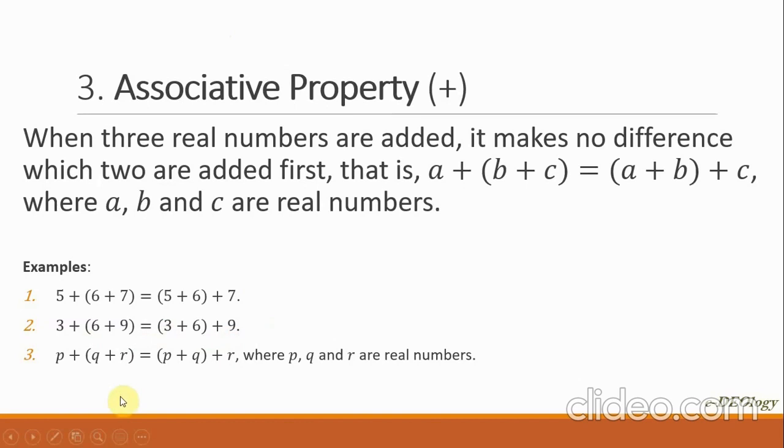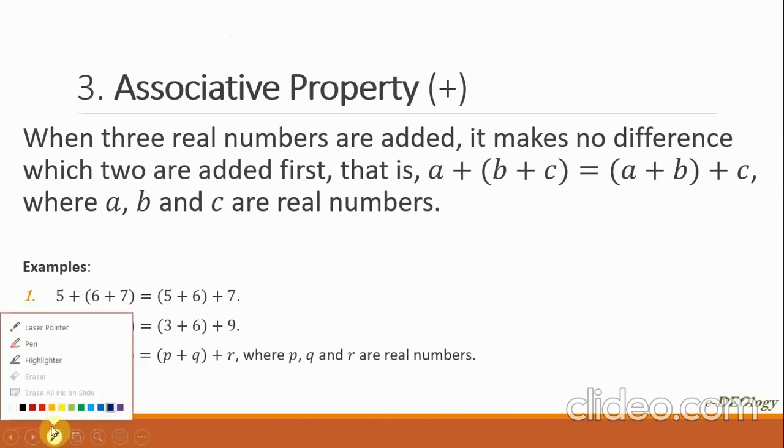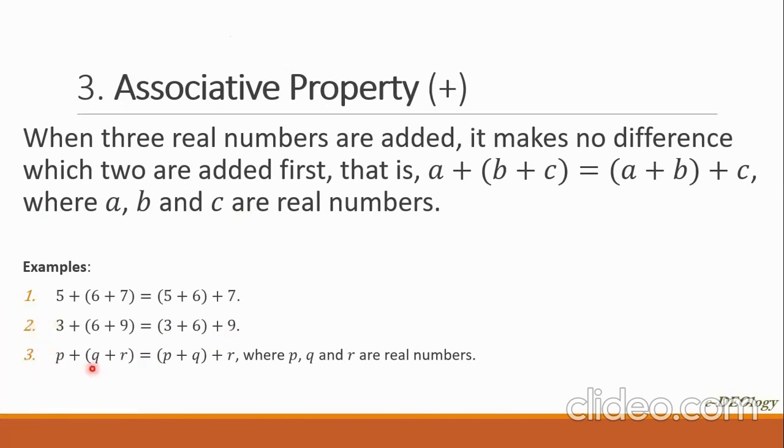On the third example, there are three letters, and these three letters represent numbers. So p, q, r is here. On the left side we have q plus r. Then later we will add the p.